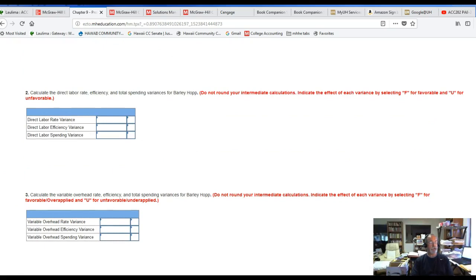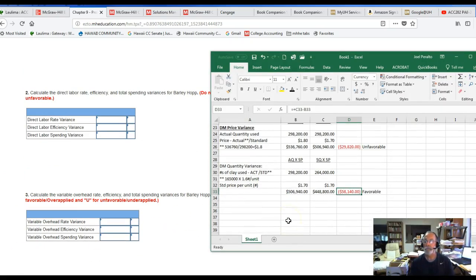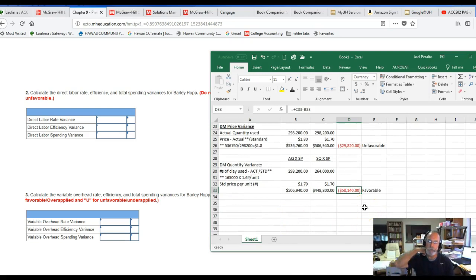Let's take a look at that and see how that's working. And I suppose we should be able to tell that it is unfavorable. We're comparing actual quantity, number of pounds of clay used, 298.2, versus, oh, okay, I'm sorry.